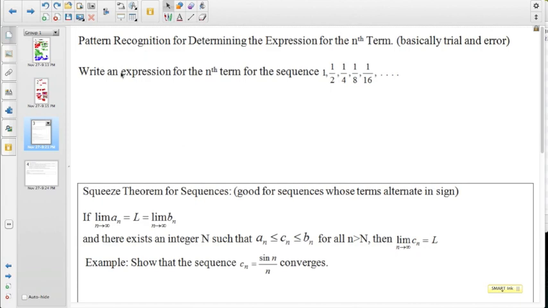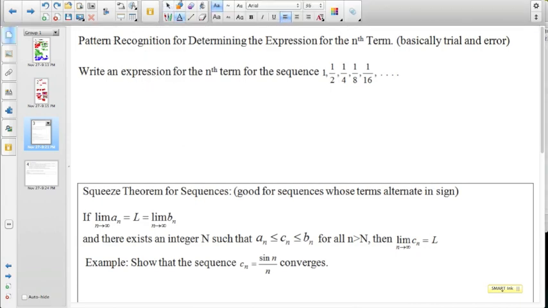So in recognizing an expression for the nth term, it's really all about recognizing patterns, and sometimes there are many equivalent expressions for the same nth term. So trial and error kind of factors into it. Really, I guess instead of trial and error, maybe a better expression is an educated guess.